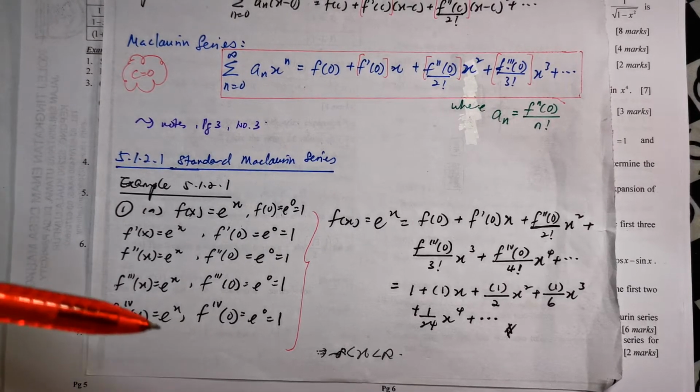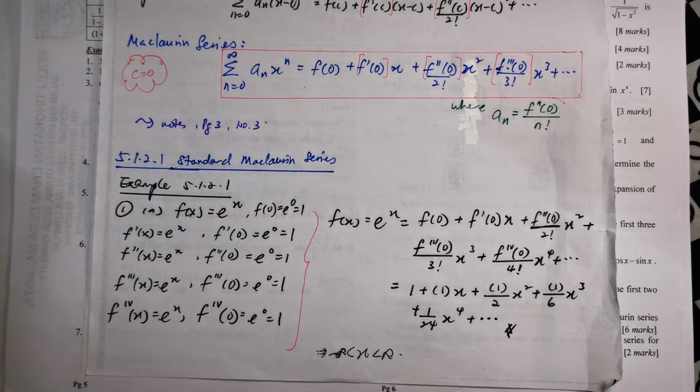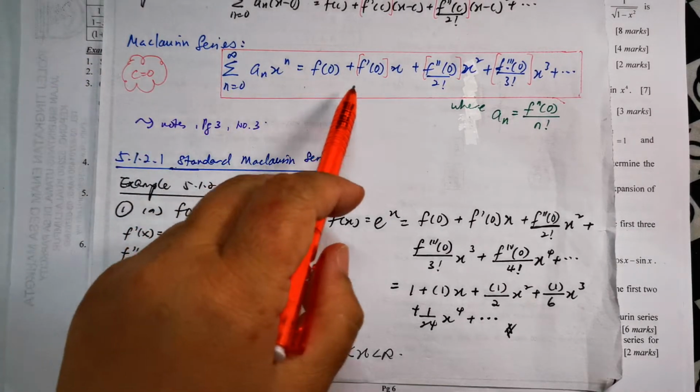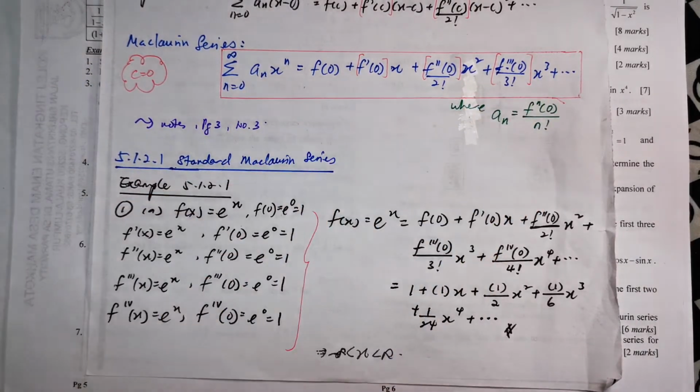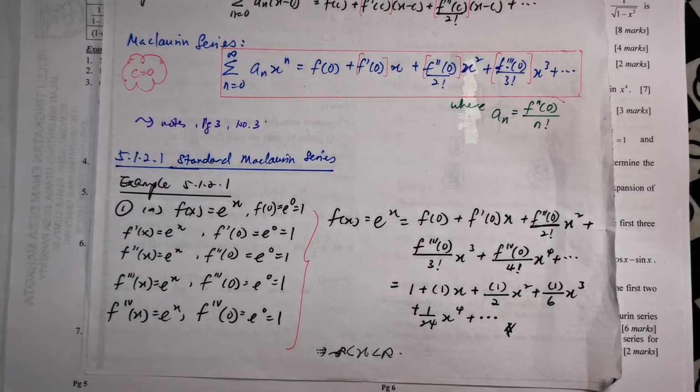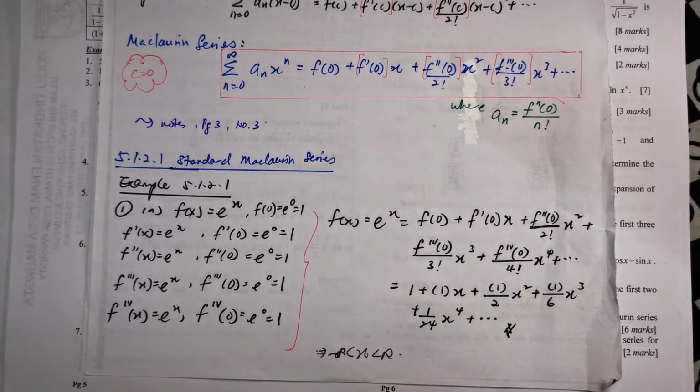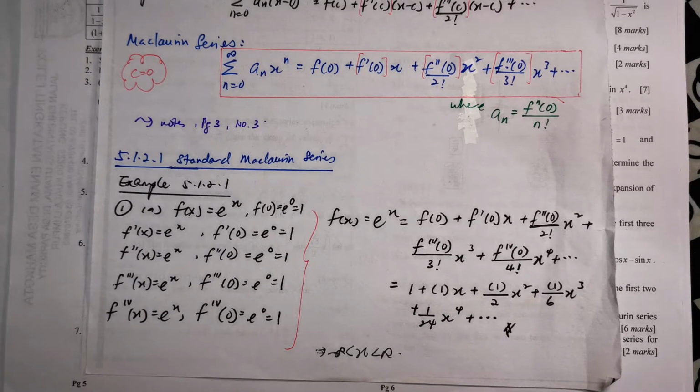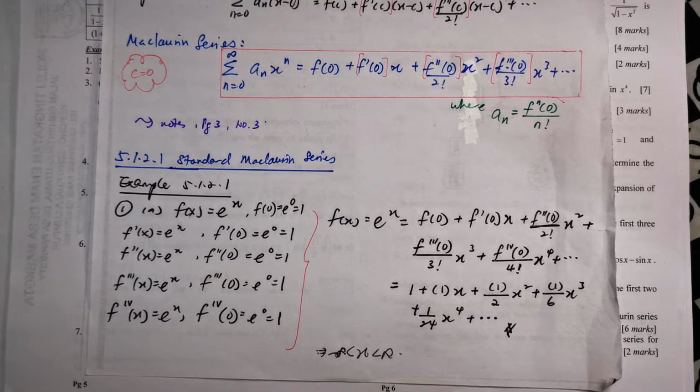One question, maybe you will ask, teacher, how do I know when I'm going to stop? Because most Maclaurin series are infinite series. Very simple. Normally, if the question never mentions anything, we will show at least the first 4 non-zero terms. If the question mentions, then we just follow the question.